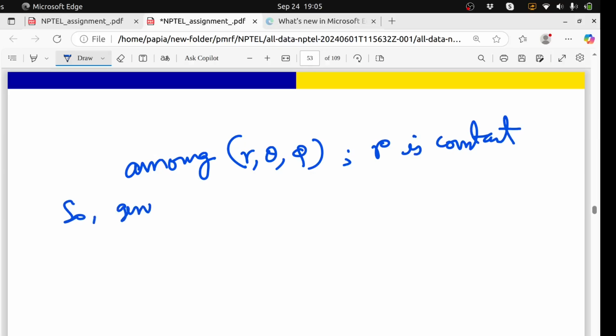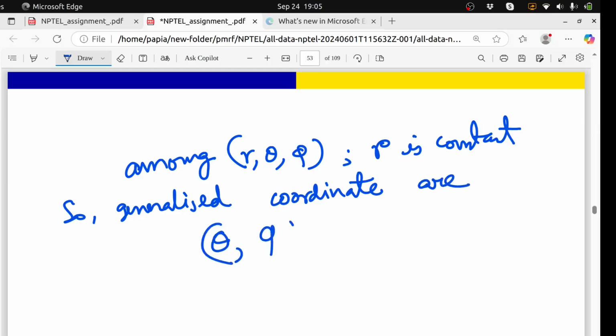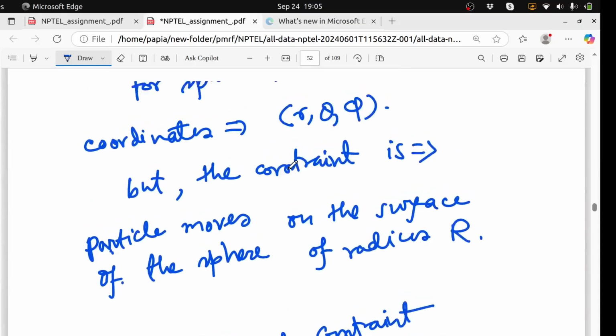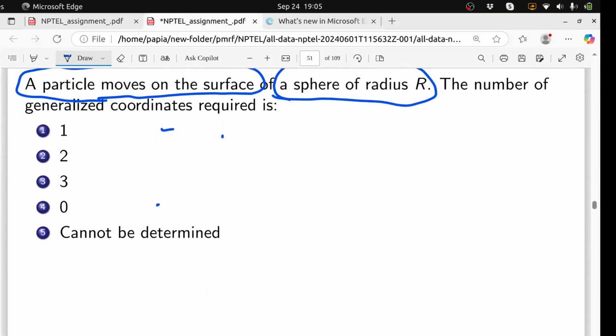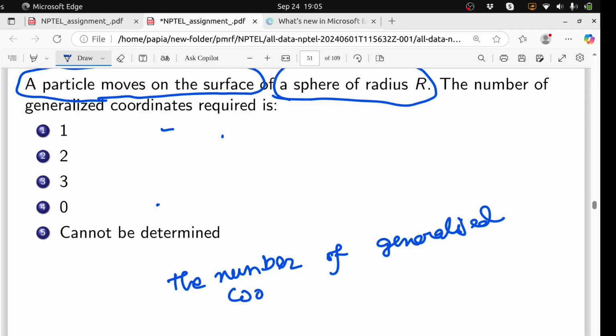So generalized coordinates are theta, phi. Okay. So we can see that the number of generalized coordinates is 2. This is theta and phi. So this is answer number 2.